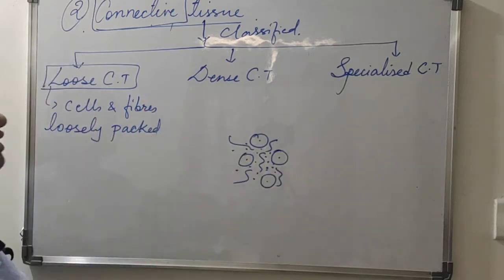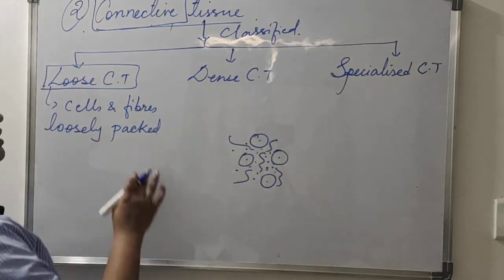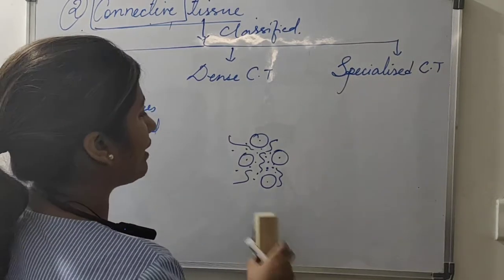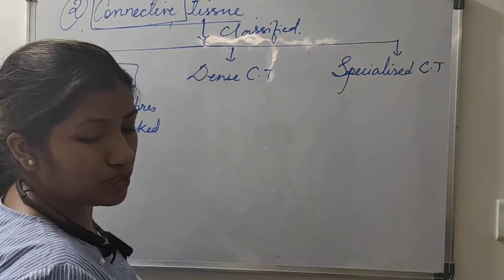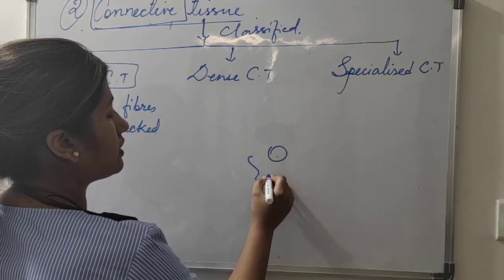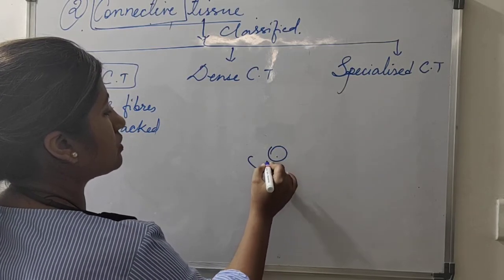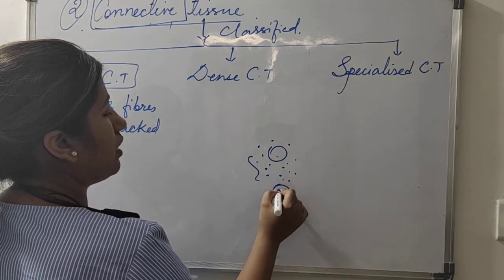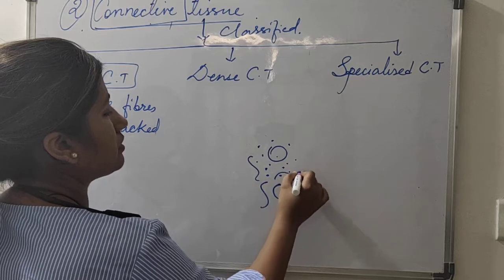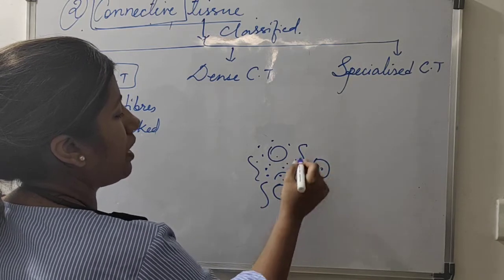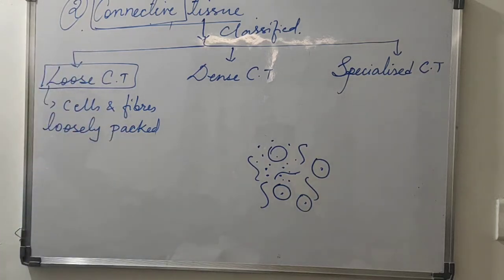So what does loose connective tissue tell you? That the cells and fibers are loosely packed. They have a wide gap between them, and they reside in the ground substance made up of polysaccharide. So they are loosely arranged, not tightly packed. There is a huge gap between the fibers and the cells. That is what we call loosely packed.